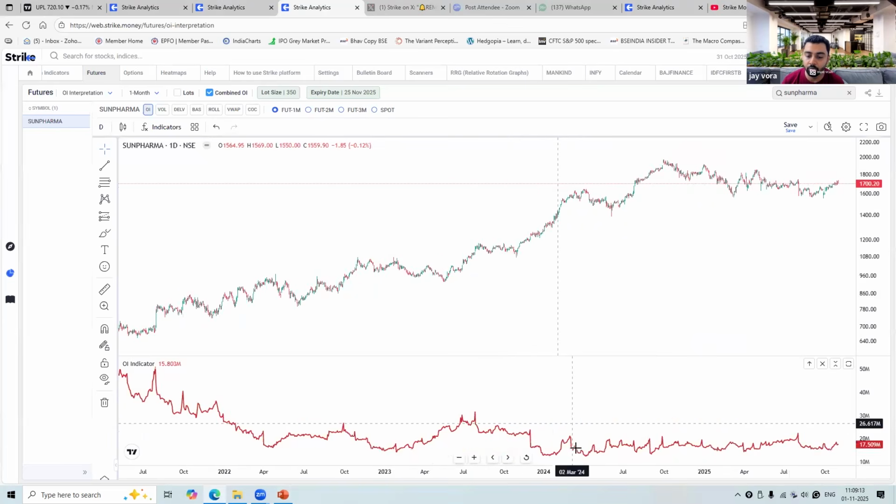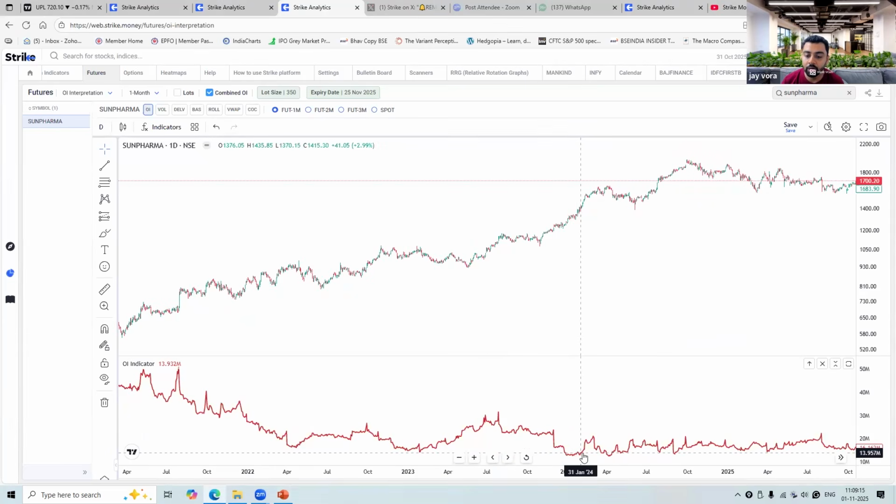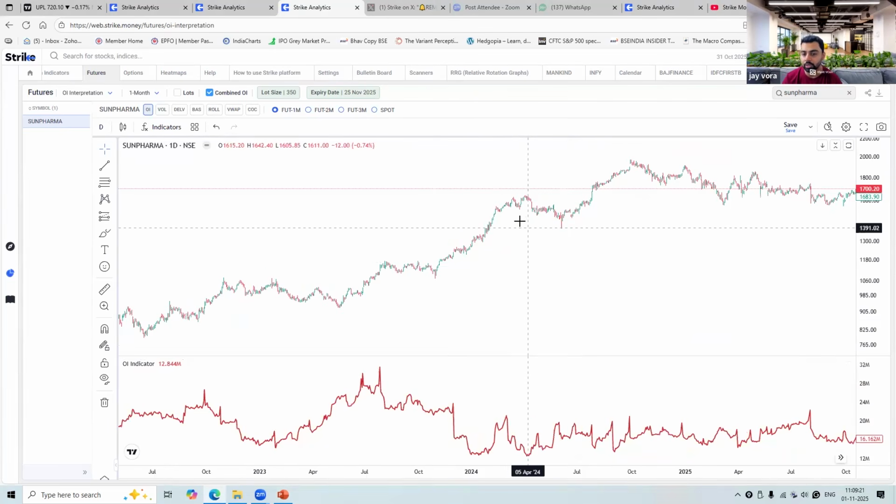Like you see over here, the open interest was very low. Then again in this up move, the long build up started happening, so you might want to go long over there. And when the reversals happen, you also have to be careful of prices reversing.